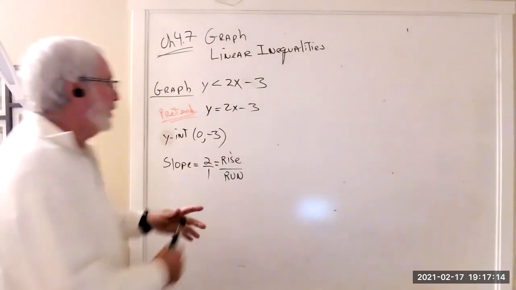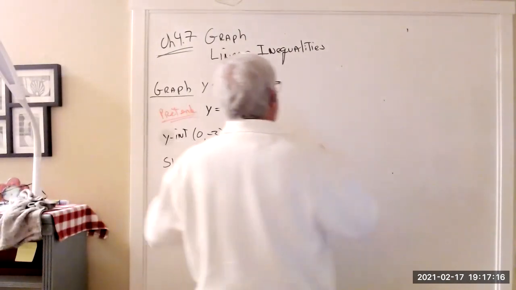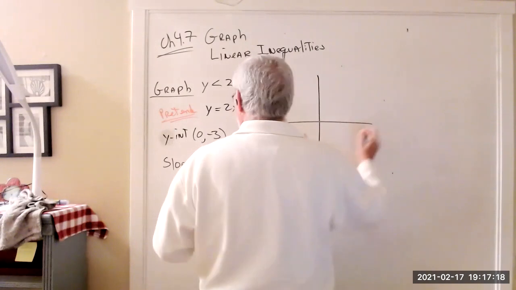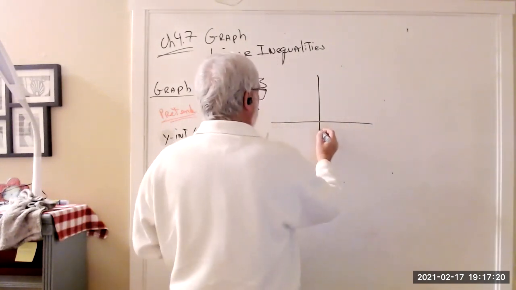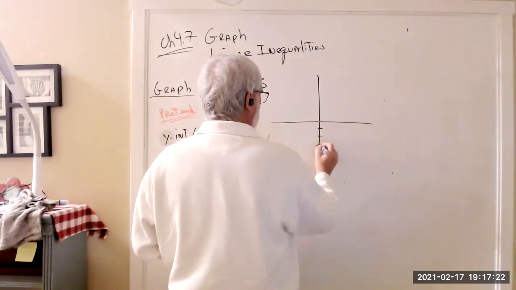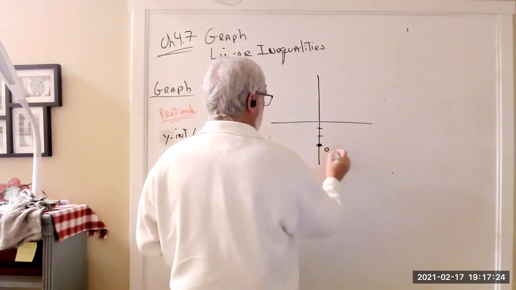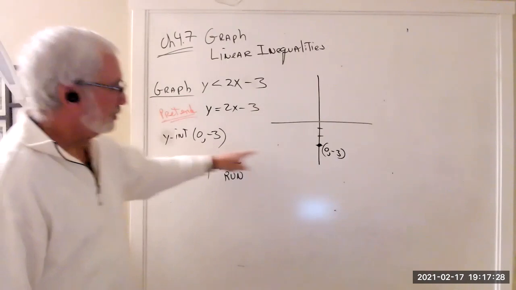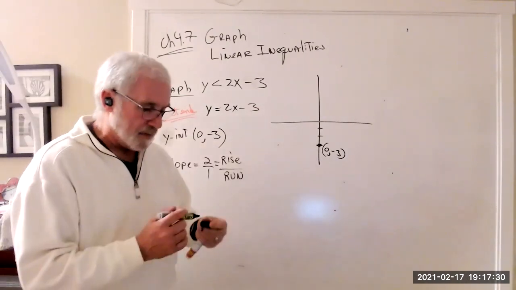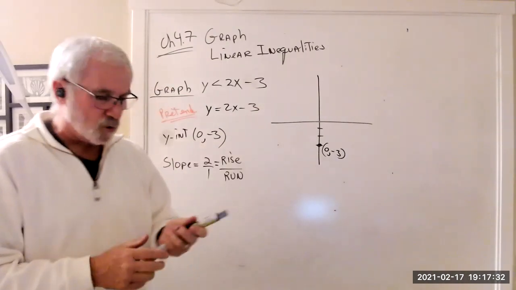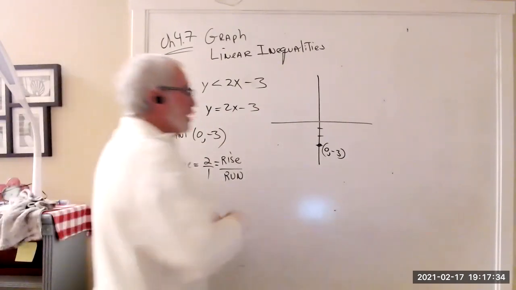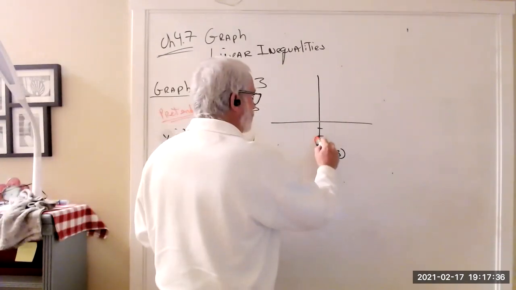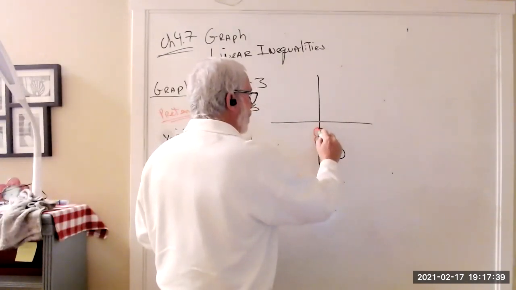Then to graph this like we did last night, we start at (0, -3). That's the first thing we do. And then we use the rise over run. So we rise 2, run 1.